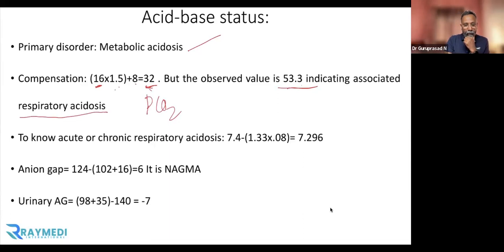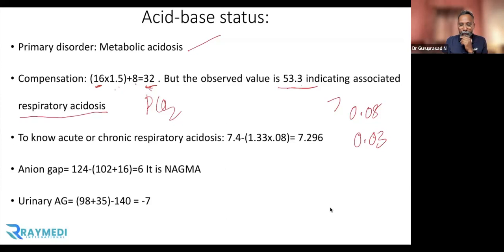To know whether it is acute or chronic respiratory acidosis, you should see the change in pH, which I had spoken to you about in the last class. In an acute respiratory acidosis or alkalosis, the change in pH is 0.08 for every 10 change in PCO2, and in chronic respiratory problems, the change in pH is 0.03, either towards acidosis or alkalosis.